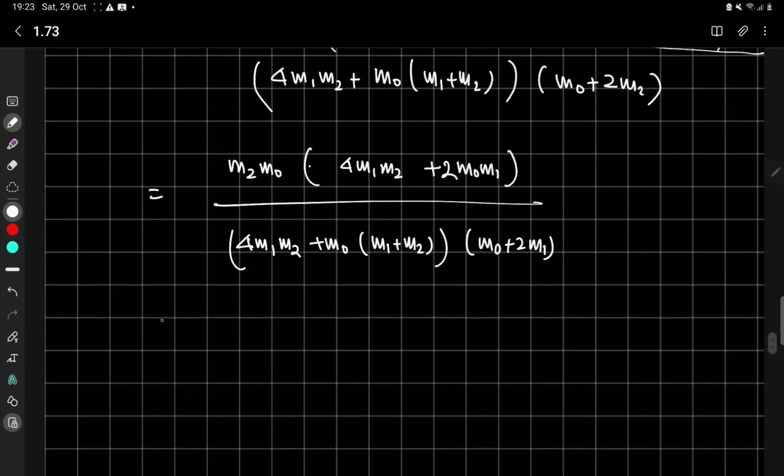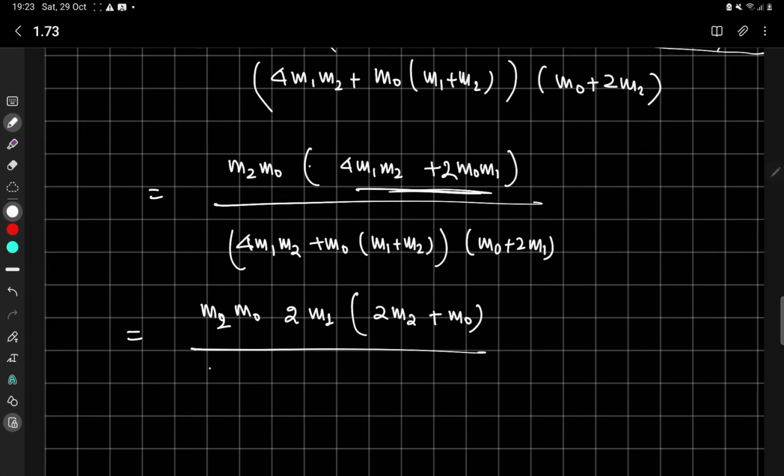We can further simplify here. We can take 2 m1 common from this particular expression, so we can get m2 times m naught and 2 times m1 into (2 times m2 plus m naught) whole divided by (m naught plus 2 m1).